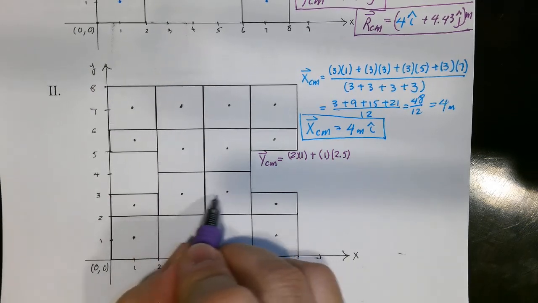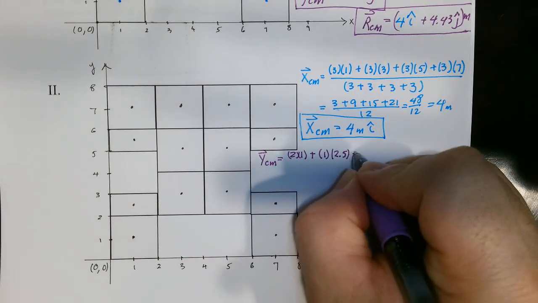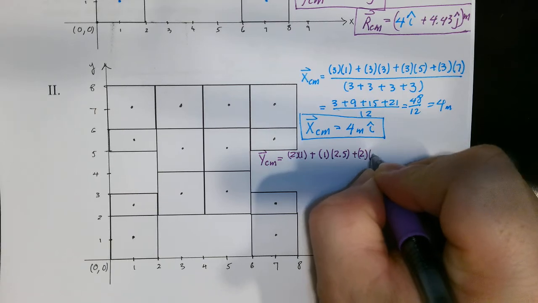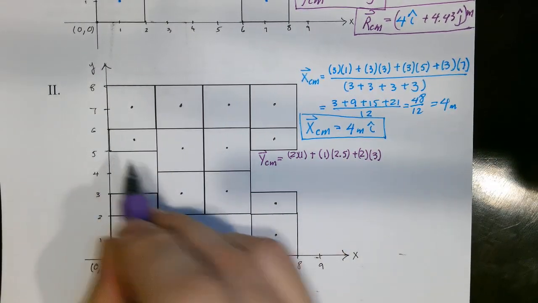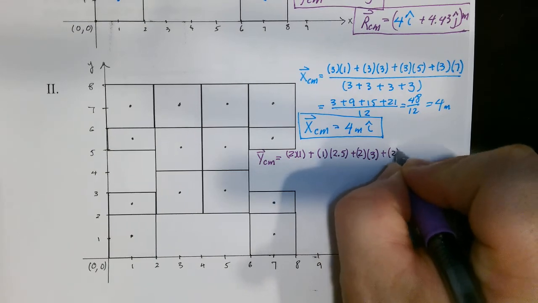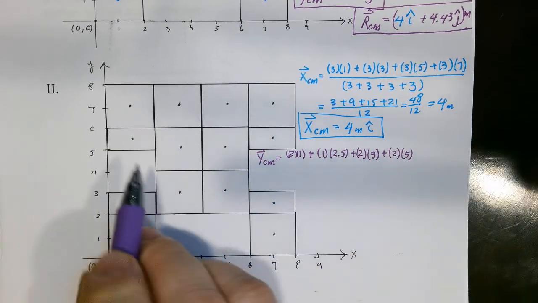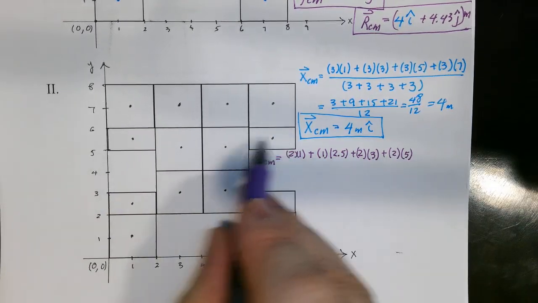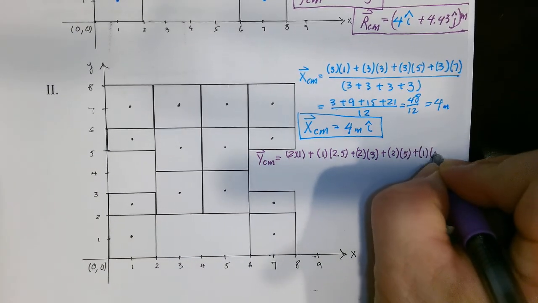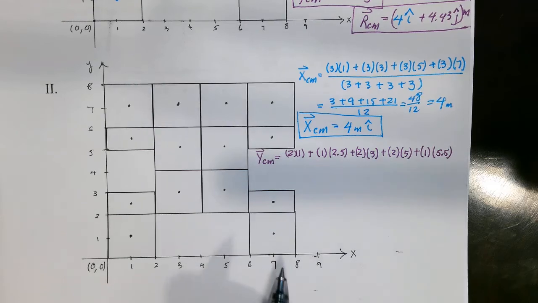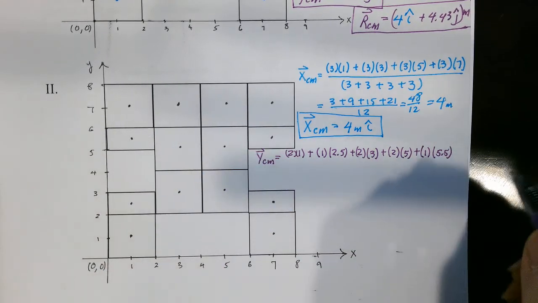Then I have 2 times 3, then 2 times 5. Here looks like 1 times 5.5. And then 4 times 7.